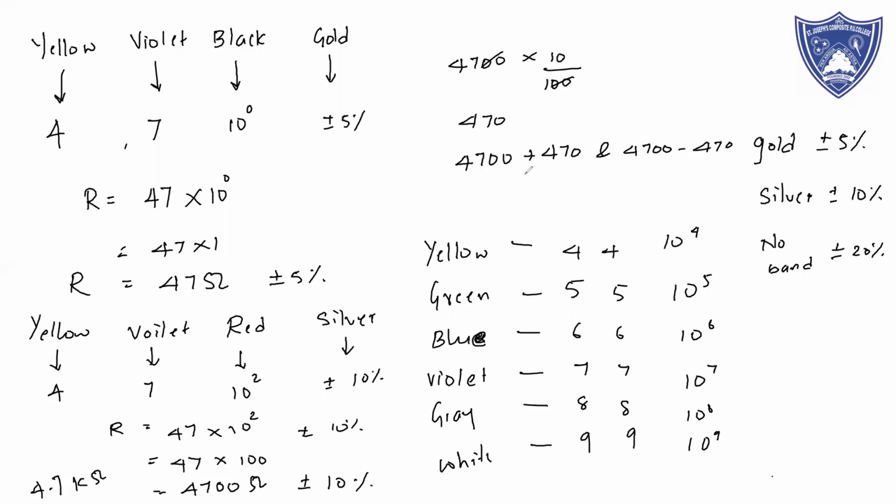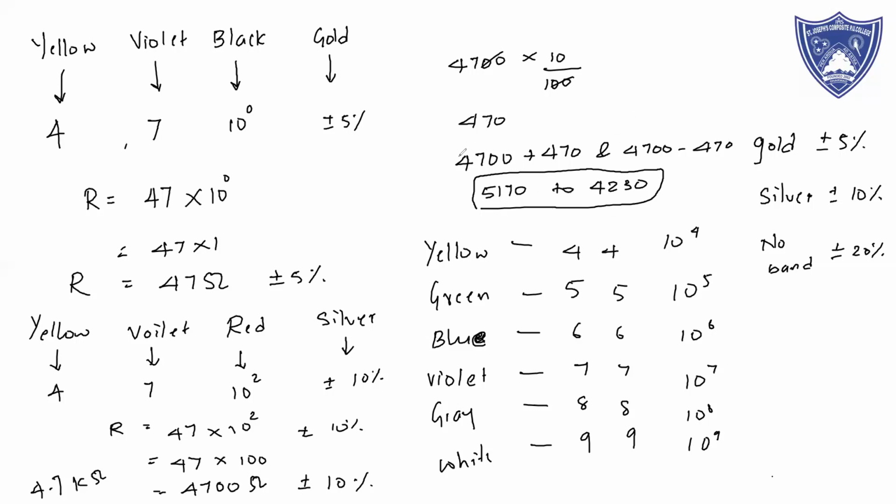So what will be 4,700 plus 470? It will be 5,170, right? And what will be 4,700 minus 470? It will be 4,230. Therefore, the value of resistance of this resistor lies between 4,230 and 5,170. So this is what is meant by tolerance.